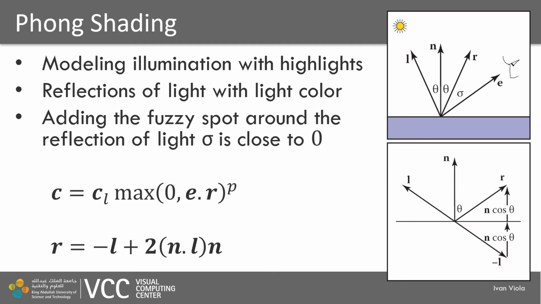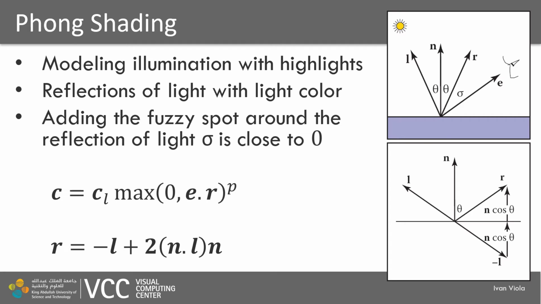And it can be characterized by the angle theta or its cosine term to scale the level of highlight based on the position of the reflection vector and the position of the eye point, because this illumination model is dependent on the viewer's position.